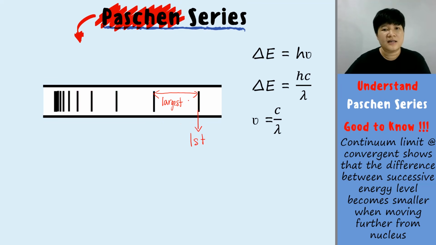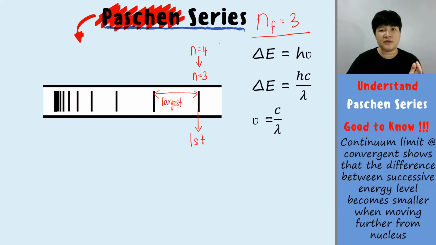And the transition to produce this first line must be n equals 4 dropping to n equals 3. Why? Because the n final for the Paschen series must be 3. So the first line in the line spectrum must be from n equals 4 dropping all the way to n equals 3.